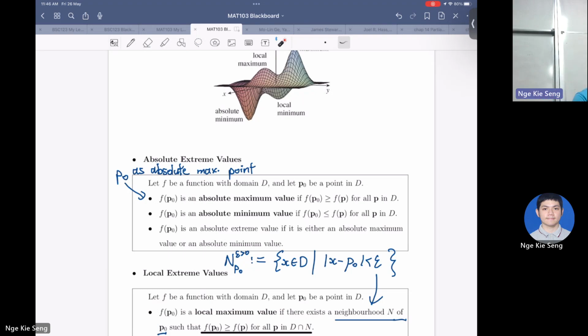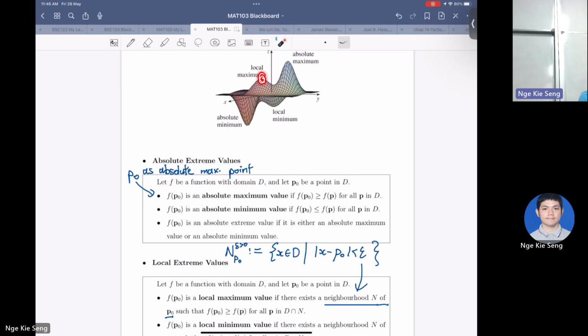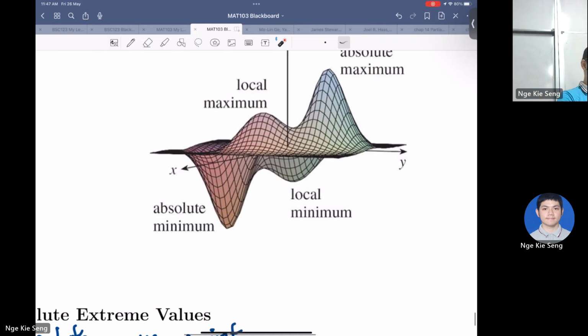So here, the claim is this is a local maximum. Why is it a local maximum? Can you find a neighborhood such that the value at this point is greater than any other value within the neighborhood? Can you find the neighborhood? Just take a small epsilon, a little bit away from the point.